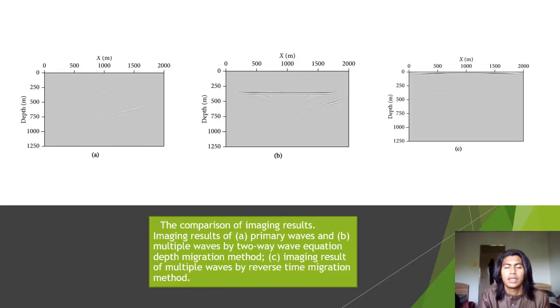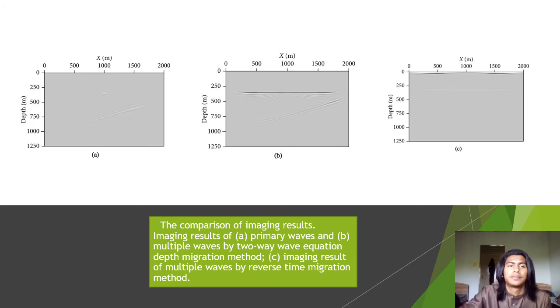This is the comparison of imaging results. Image A is the primary wave, B is the multiple wave by the two-way wave equation depth migration method, and C is the imaging result of the multiple wave by the reverse time migration method. As you can see, it is much clearer when we use the two-way wave equation depth migration method.